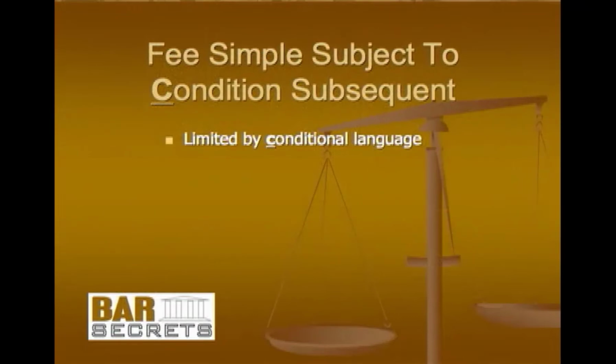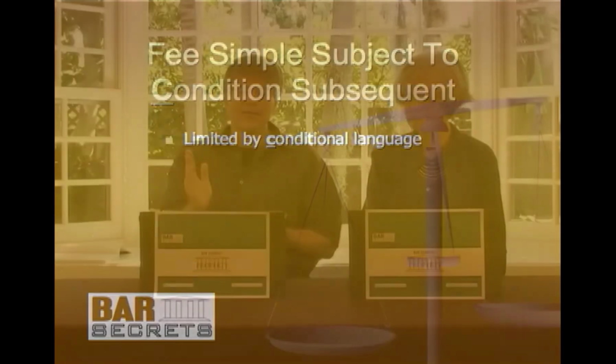Now, fee simple subject to a condition subsequent means you hold the fee simple unless some condition occurs. And the way these are formed is they use the conditional language such as but if. So we could change that and say to John, but if he should ever divorce Mary, then I, the grantor, have the right of entry.